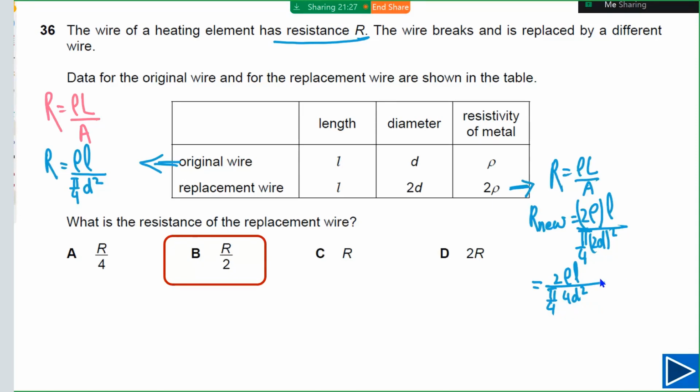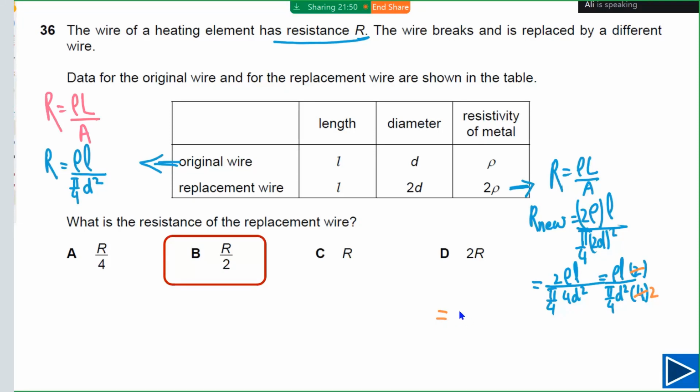We can further simplify. We can write down this is rho times L divided by pi by 4, and you have d square, and this is multiplied by 4, and you have 2 here. You can place this 2 here. Now we can cancel in this case this 2 with this 4, so you will get 2 here.